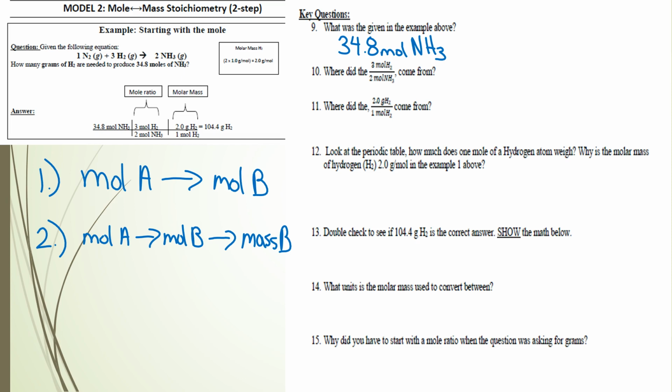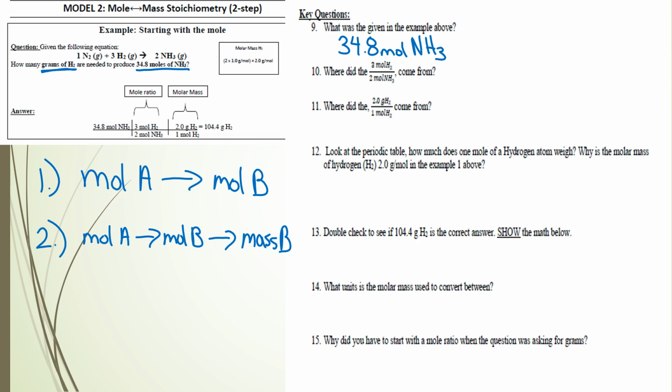We're starting with the same given, 34.8 moles of NH3. Notice that this time instead of saying moles of hydrogen, I'm trying to get to grams of hydrogen. But in order to get to grams, I have to go through moles. So where does this relationship of 3 mole of H2 to 2 mole of NH3 come from?